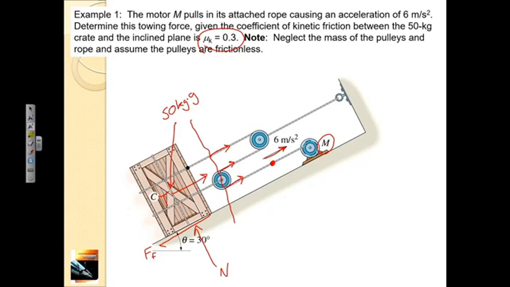All right, let's do our sum of forces. So we got sum of forces x, sum of forces y. All right, in the x direction, I've got T. I've got minus my friction force. And I've got some component of this mg.